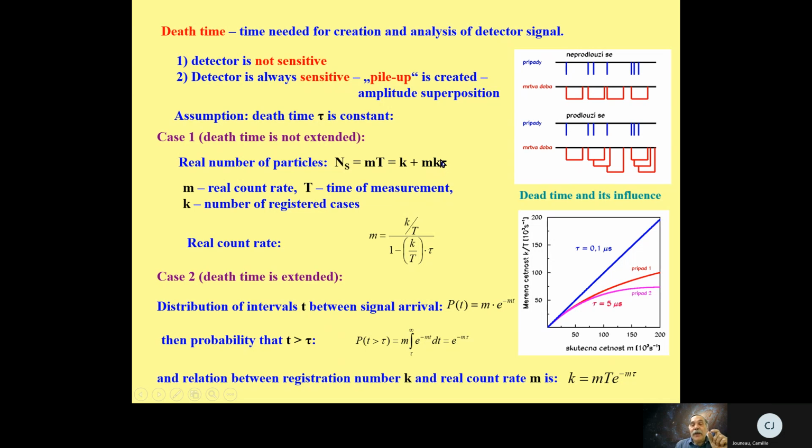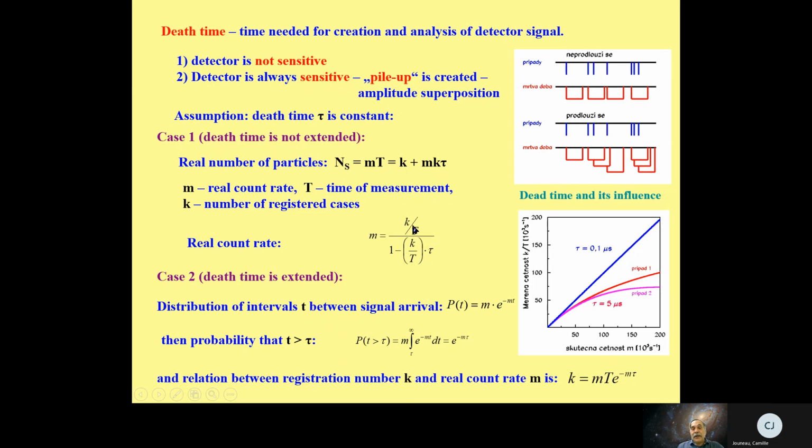It is the time in which this detector was not possible for measurement. And if you multiply by the real count rate, you will obtain these lost events. That means the sum of these measured registered events plus these lost events together, you will obtain the real count rate. From this equation, it's possible to obtain this real count rate from the measured count rate.